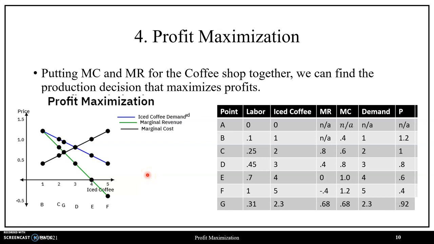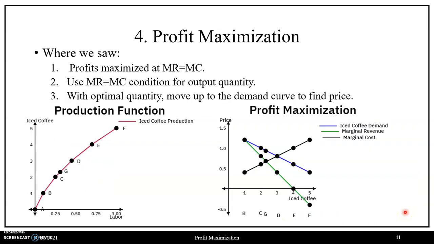So our profit maximizing process leads us to point G for our profit maximization rule, in which 31% of the labor force is used to produce 2.3 units of iced coffee at a price point of 92 cents. Overall, what we saw was profits were maximized at a rule of marginal revenue equals marginal cost, no incentive to produce more or less from this point, which generated our optimal level of output to produce and sell for the coffee shop.